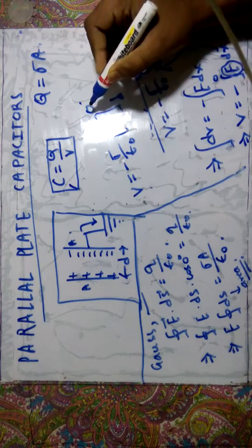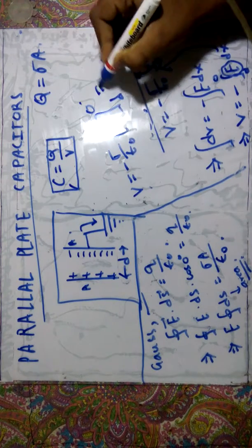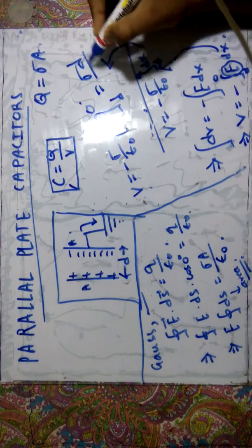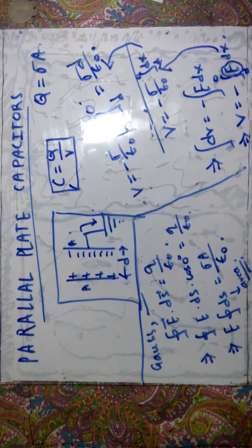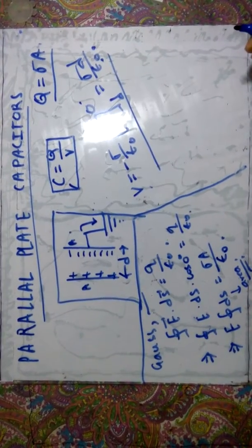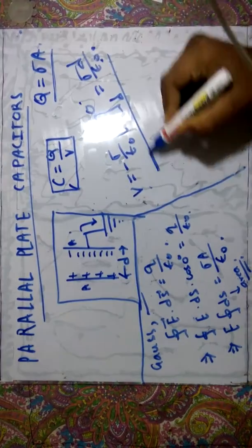It becomes minus, 0 minus D, and minus minus becomes plus. So V equals sigma D by epsilon 0. Here we get both values of Q and V.